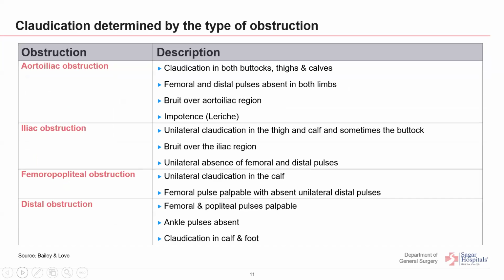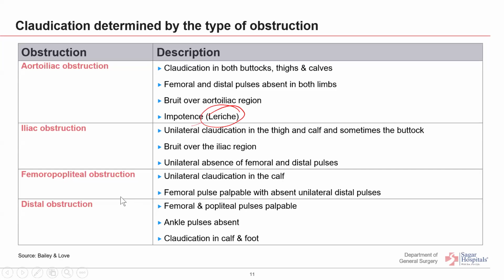Yeah, this is what exactly sir was trying to tell us. Depending on the obstruction, you get claudication pain differently. With aortoiliac obstruction, we get gluteal claudication, and there is a specific syndrome called Leriche syndrome, where the patient will also have impotence.